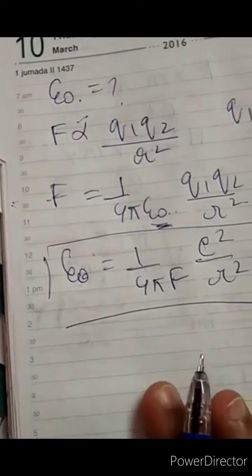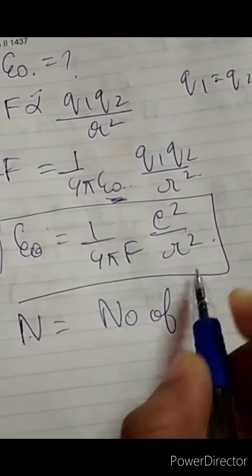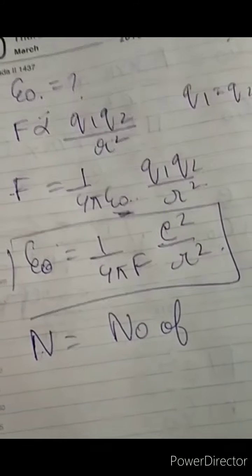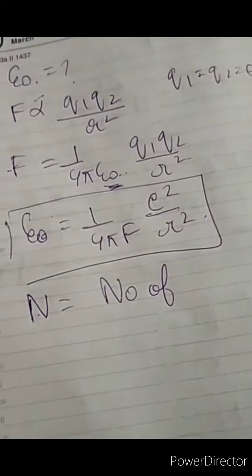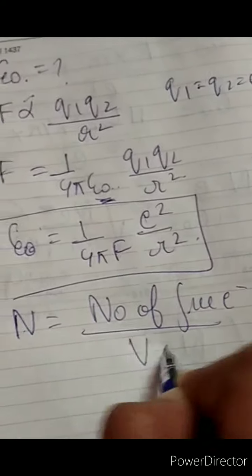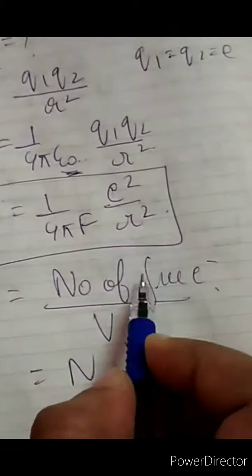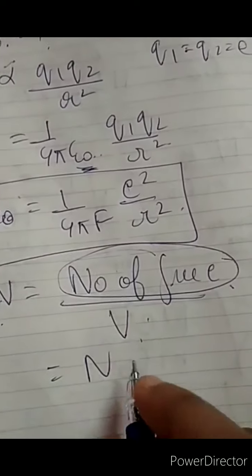Okay. What is n? n is the number of free electrons per unit volume, the number density. A number is a dimensionless quantity, correct?